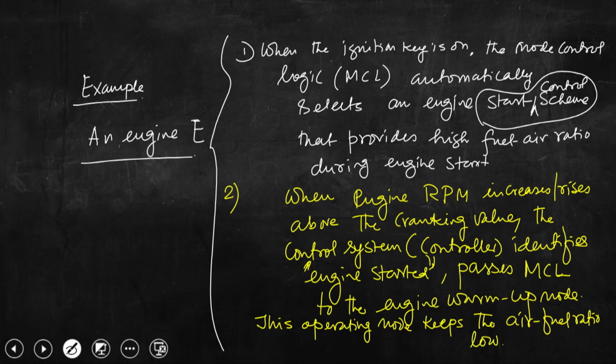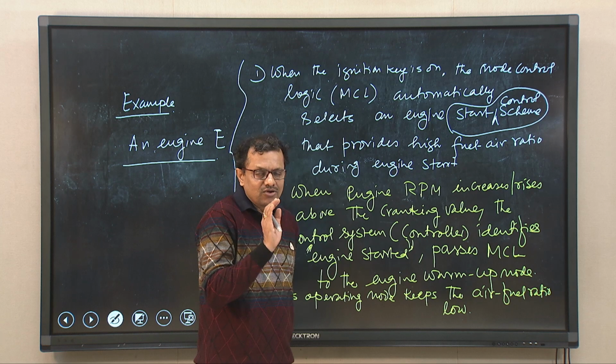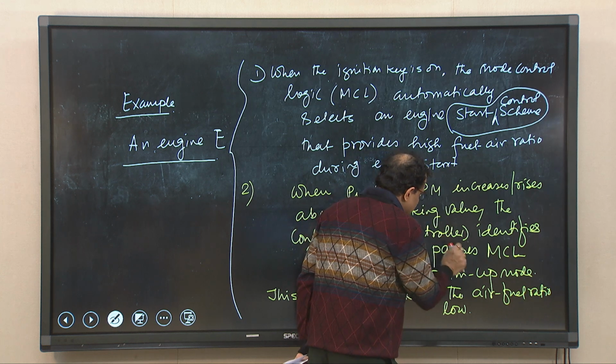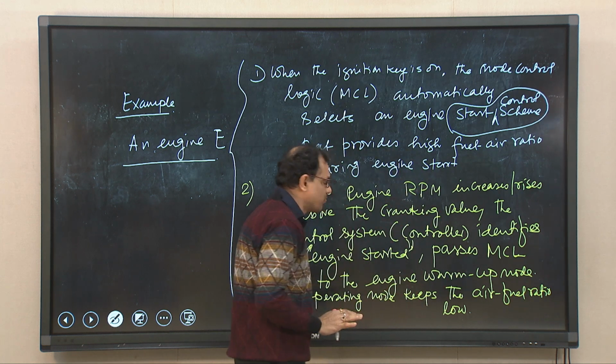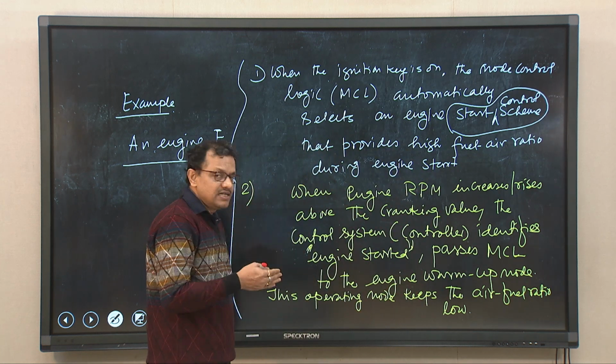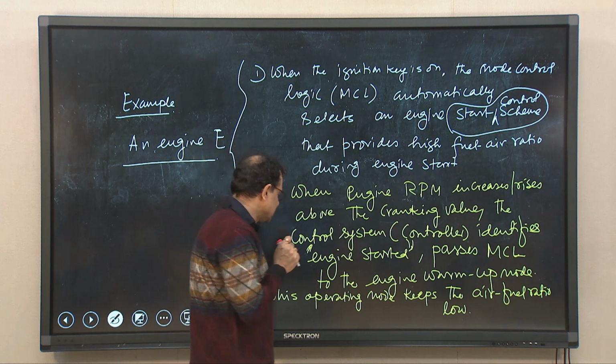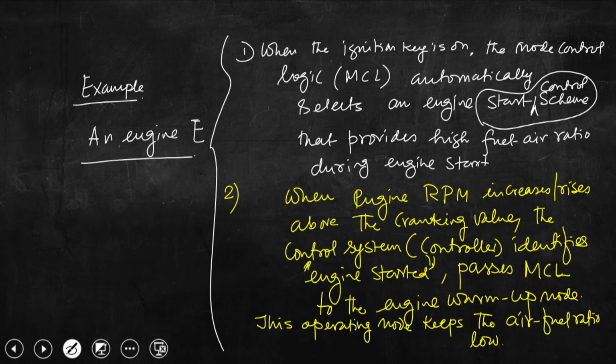Okay. Why is it so? Essentially the controller will now pass MCL to the engine warm up mode, that is true, and the sole objective is to control the air fuel ratio, and that should be low. Why should it be low?